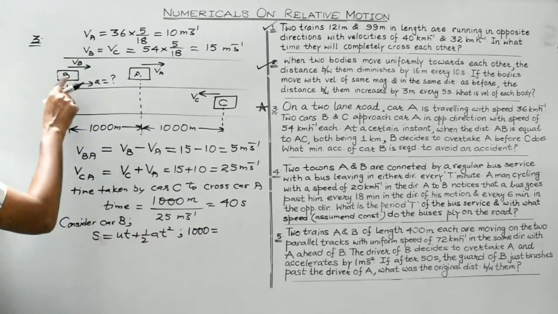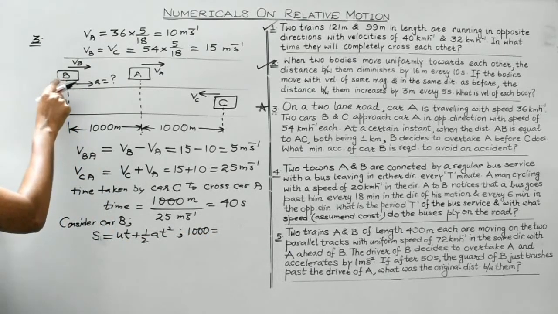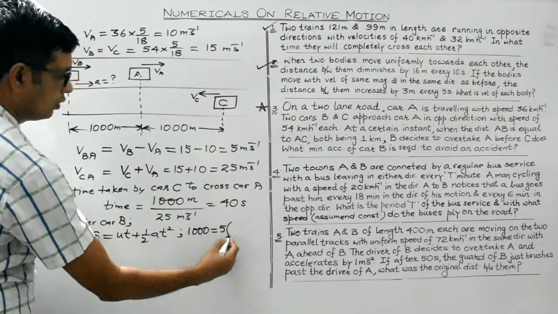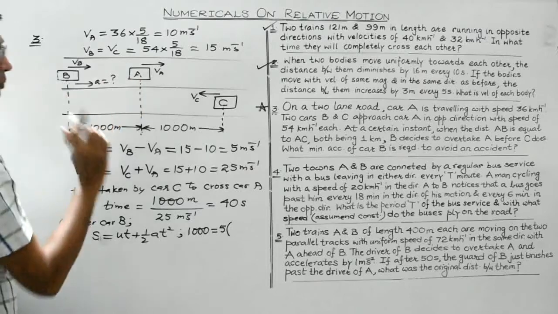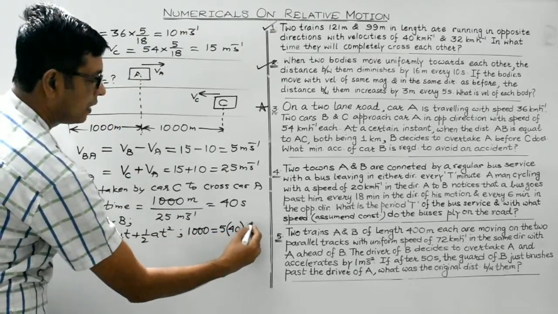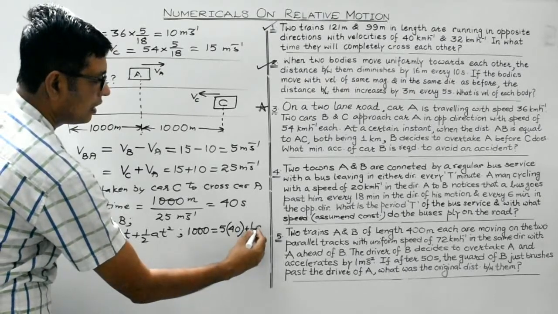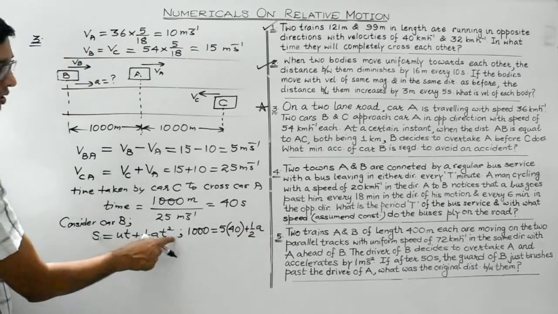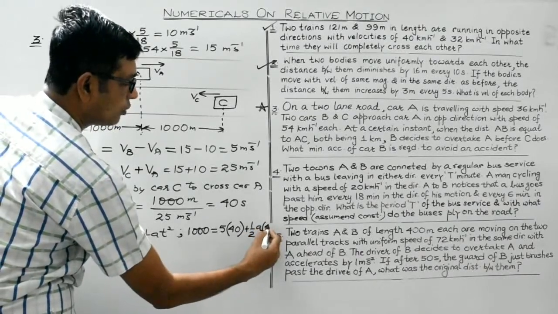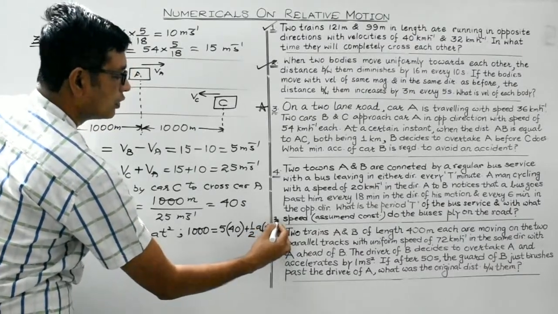What is u? u is the initial effective speed of car B with respect to car A. It is 5. What is the time available to car B? It is 40 seconds, plus half, a is to be found, t square. t square would be 40 square.